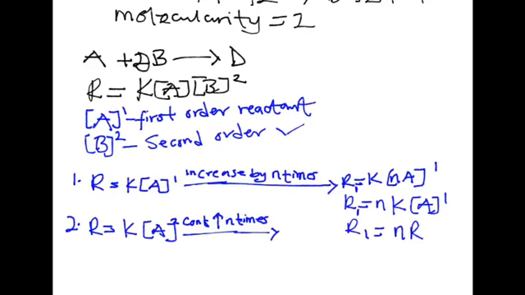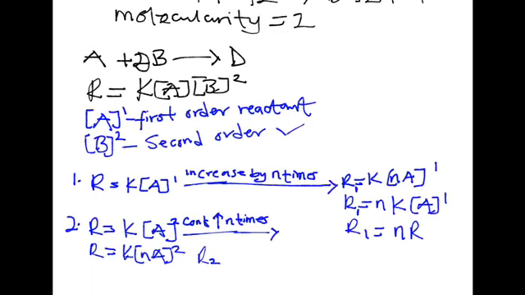Now, what about a second order reactant? If we have our rate equal to K, and then we have the square bracket of A to the power 2, what if the concentration of A is increased by n times? Then what is going to be our R2?